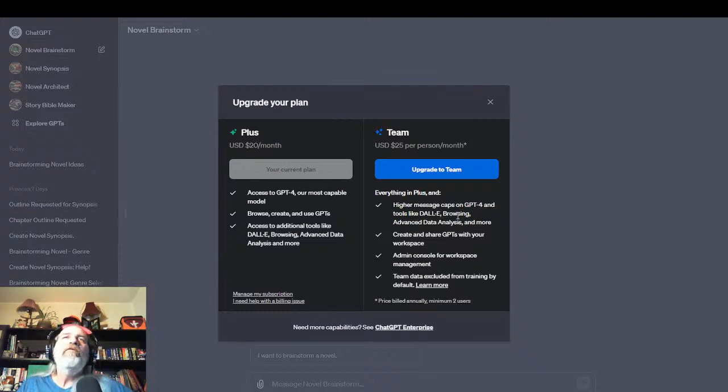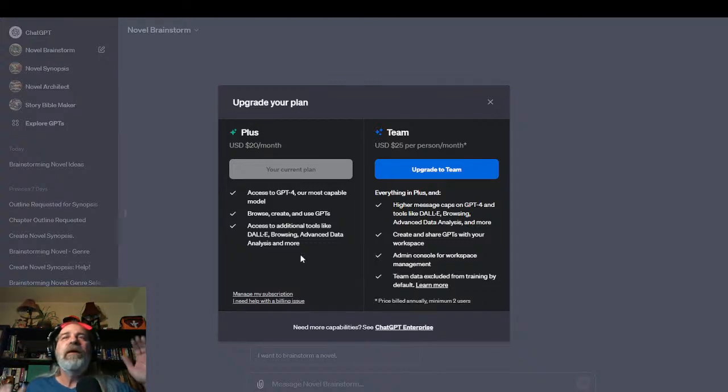I think it's 100 messages every 4 hours, whereas with ChatGPT Plus, you get 40 every 3 hours, which is pretty good. Every now and then, if I'm in a really hot session, copying and pasting my prompts in one after the other, I can hit that limit, and I'll have to wait like an hour before I can start again.